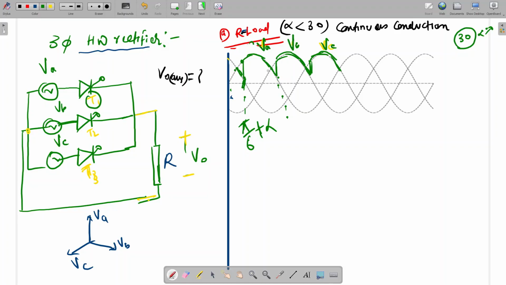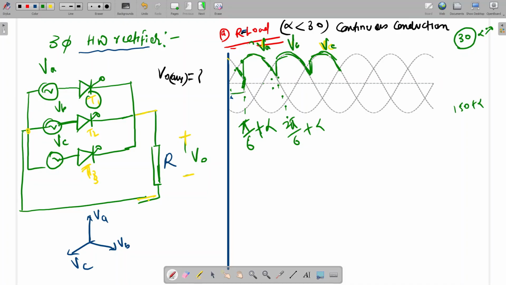And here it will be how much? Can anyone tell? 2 pi by 6 plus alpha, sir. Okay, we'll see. 60 is 60. And here, 30.